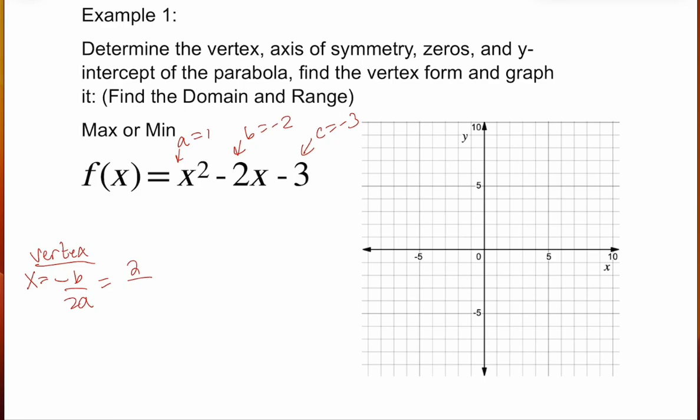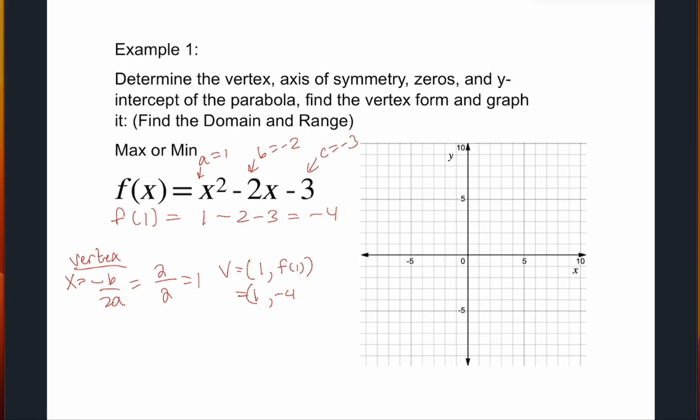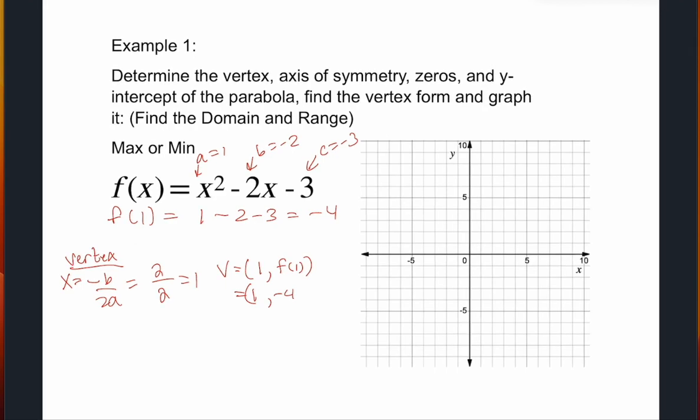That is your denominator, so that's going to be 2. So our vertex happens at x equals 1. Now, we need to find the y value, which is whatever f of 1 happens to be. So we have to plug in 1. We're just going to get 1 minus 2 minus 3, or negative 4. So our vertex is at 1, negative 4.